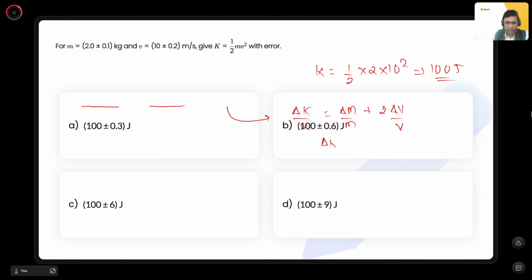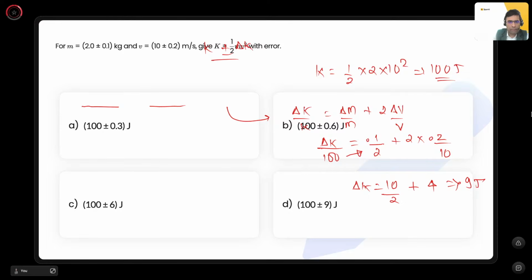So delta K upon, let's put the values. तो यहाँ पर 100 रख दिया मैंने. delta m is 0.1 upon mass is 2 plus 2 into delta v is 0.2 upon 10. तो again ये 100 यहाँ पर मल्टीप्लाई कर देते हैं. तो delta K I will get 10/2 plus 4. ठीक है, तो it becomes 9 joule. So हम represent कैसे करते हैं? It will be represented as K plus minus delta K. So 100 plus minus 9 joule, this will be my answer.